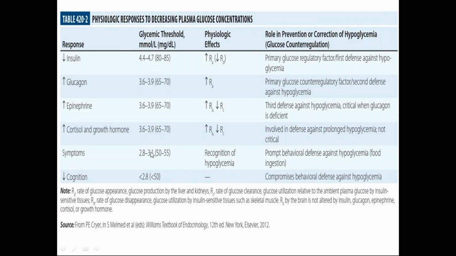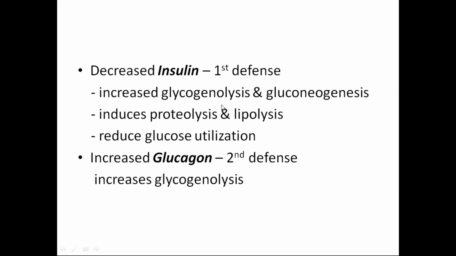Next, we have acute symptoms of hypoglycemia at 50 to 55, and if we go below 50, then the behavioral response is decreased, and there is decreased cognition, which leads to coma. So what does the decreased insulin do?